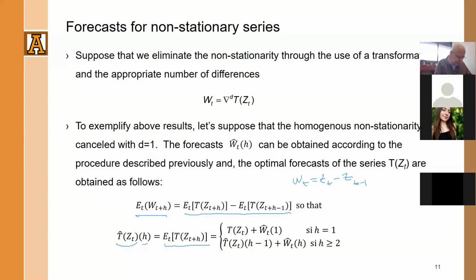If h is greater than or equal to 2, it will be the optimal forecast h minus 1 periods ahead plus the optimal forecast of W h periods ahead. It's the same logic and same reasoning that we used earlier to compute this optimal forecast of the transformed series Z_t. Okay.